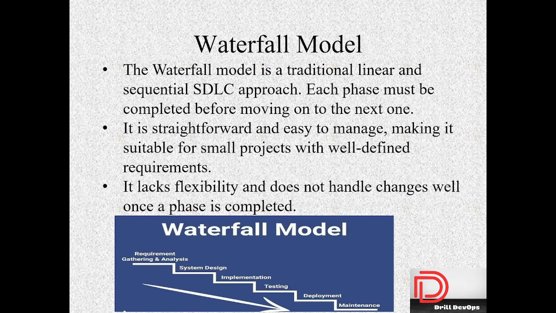What does that mean? Let's suppose I am in the phase of writing some code in the implementation stage, or I have written the code and it went on to the testing phase. Since each phase takes its own time, by the time it reaches the testing phase, let's assume the market trend has changed, and the business owner or client comes up with new requirements and wants to change the application requirements based on the market trends.